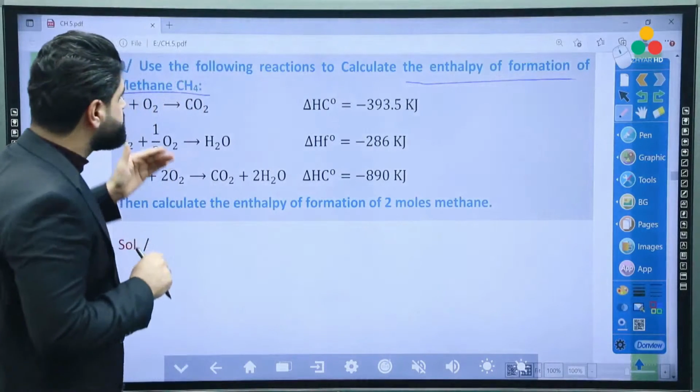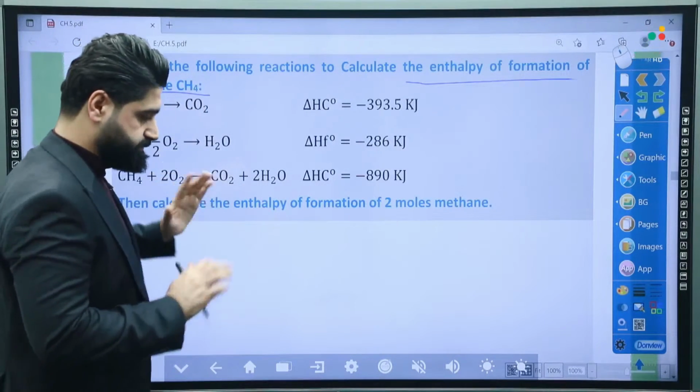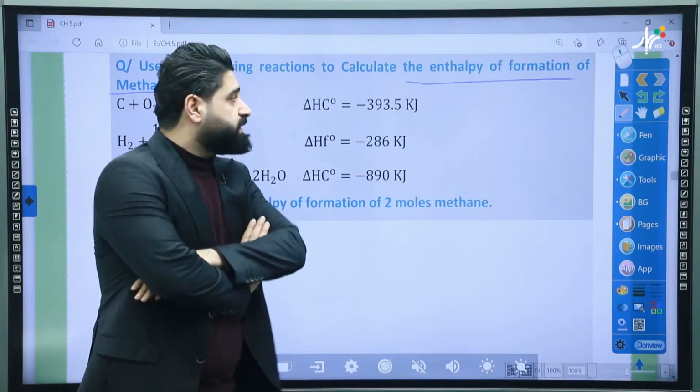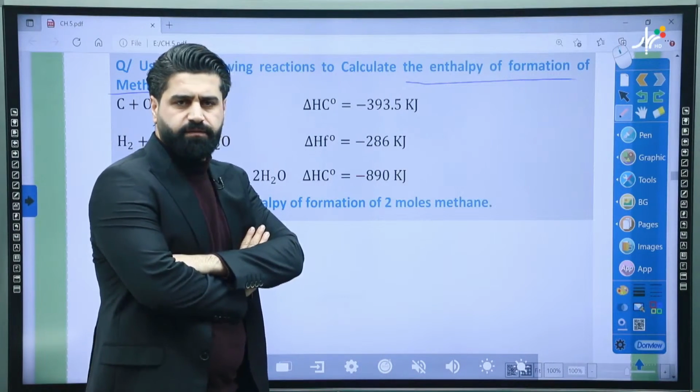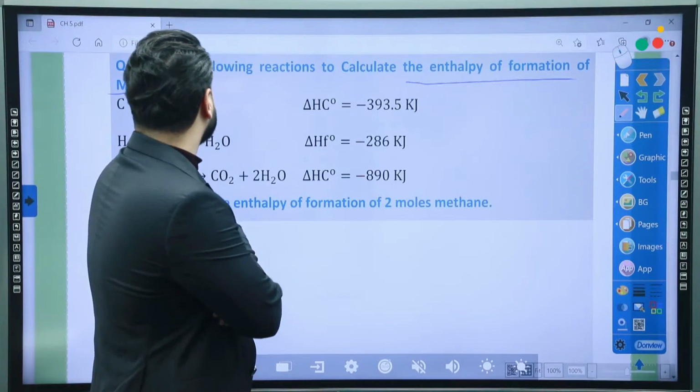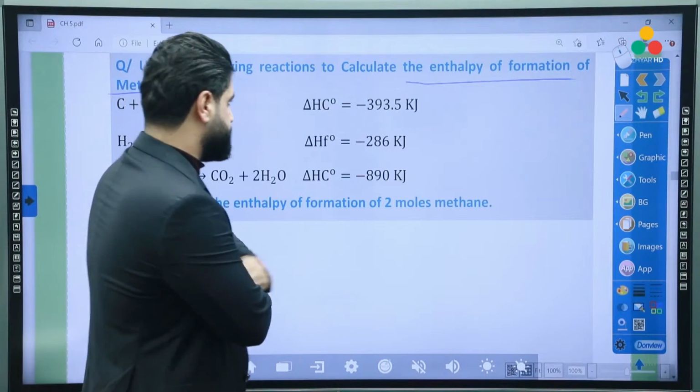Look, there is no general chemical equation. In this case, you have to write the general equation by yourself, either according to combustion or formation.